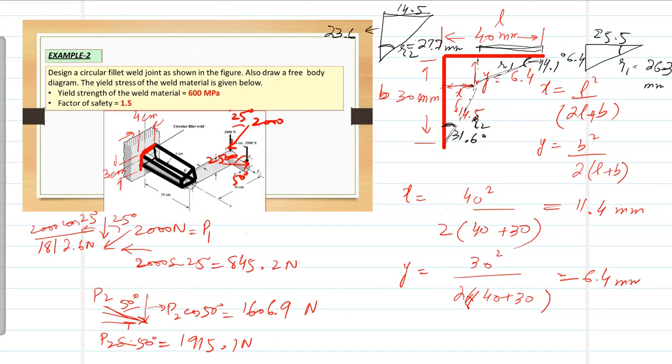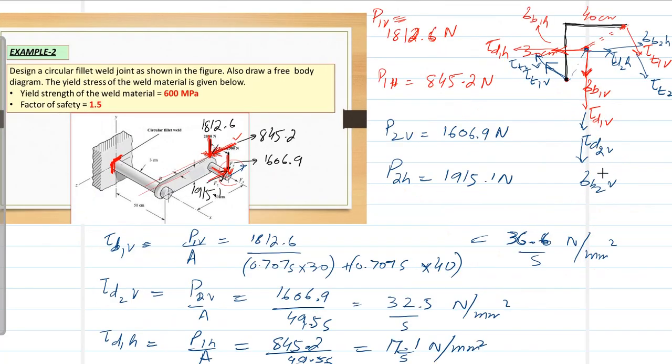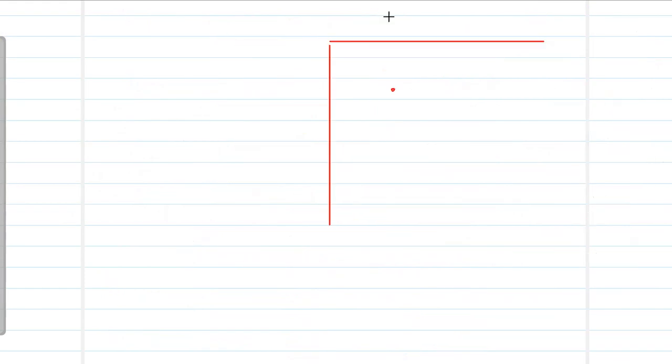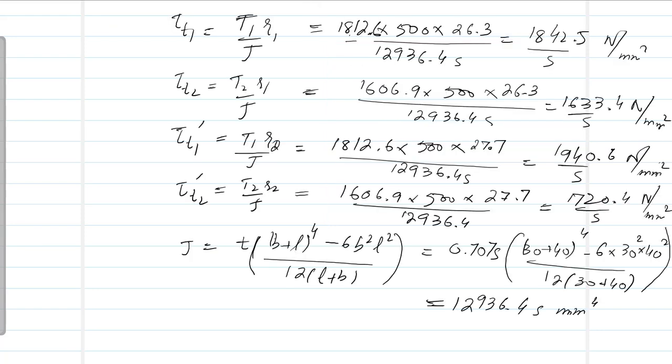Clear? So let's see what happens with the first stresses. These are the two direct shear and two bending stresses. You just directly add these two. Clear? So we call it tau ds and tau sigma bs, which simply means that we have added these two stresses.